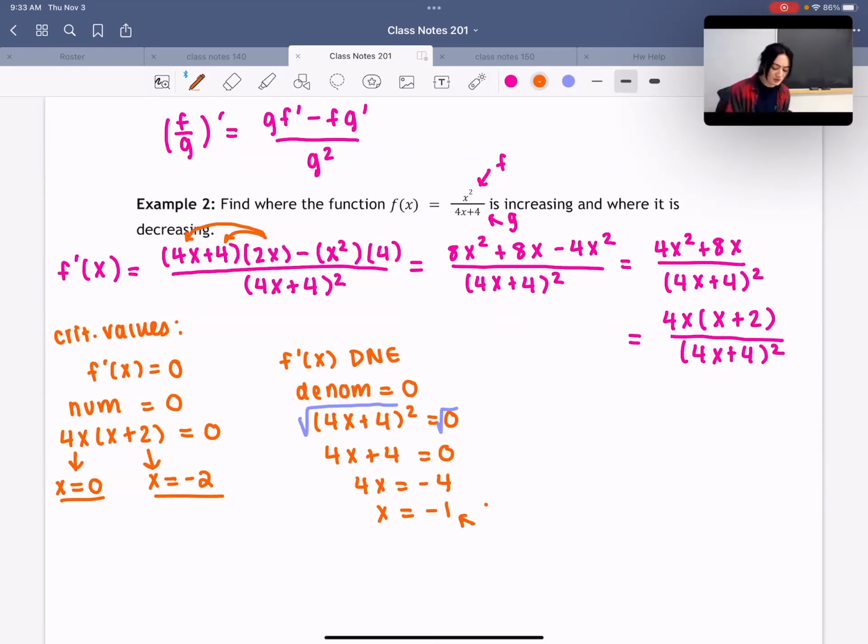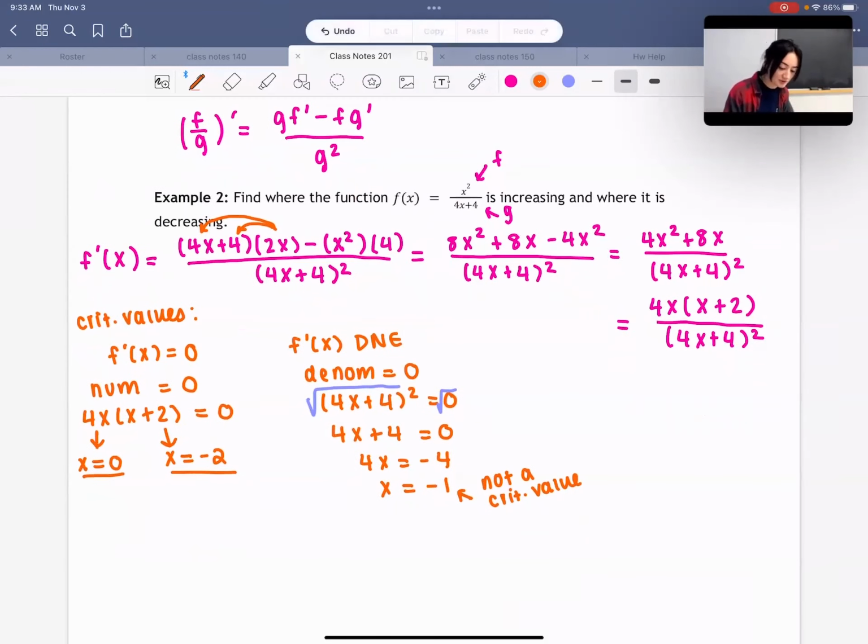Yeah, so this is not a critical value. Okay, so if I asked you to find the critical values, you wouldn't include negative 1 here, because if I plug negative 1 into the function, it wouldn't work, okay? But for this question, it actually is important to test things around negative 1. Okay, and the reason for this is because the function has a discontinuity here, okay?